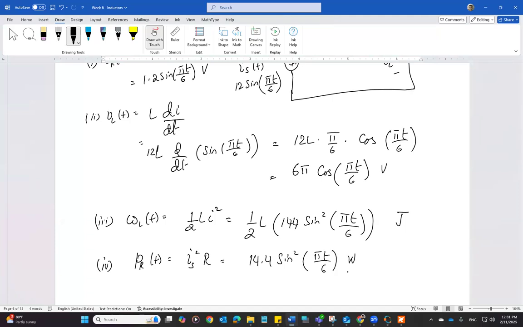That's how much power is dissipated in the resistor. And at any time again, you can find out the power dissipated at that instant of time. And if you want to find out the total energy dissipated in the resistor, then you can integrate the power with respect to time between two limits. And that's going to give you the total energy between those two limits, as how much power is dissipated between two time instances.